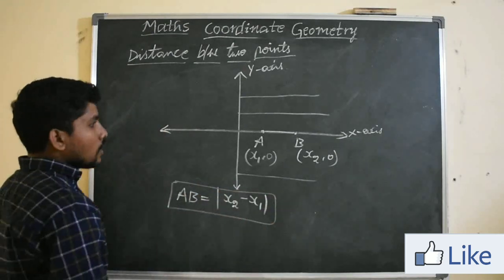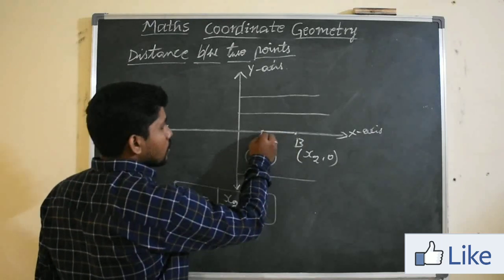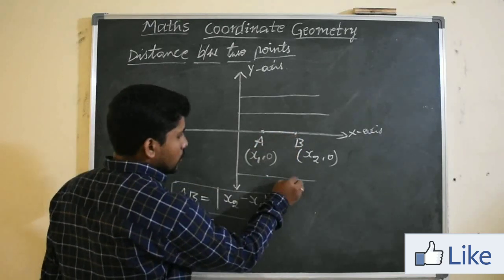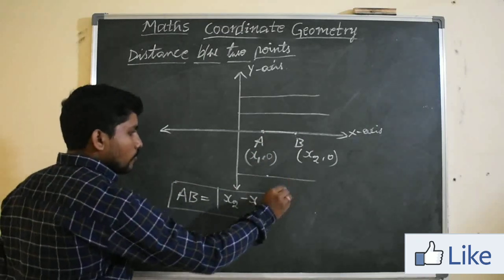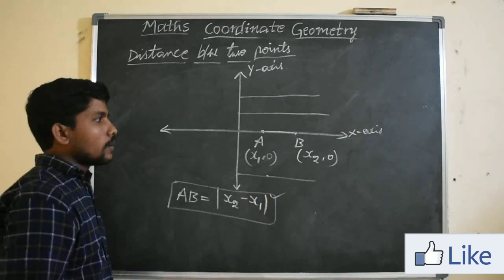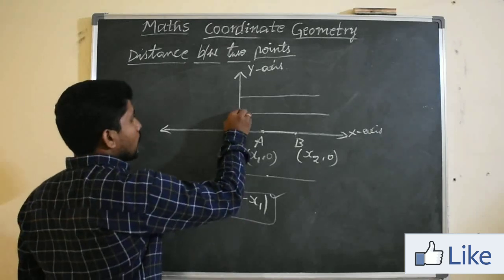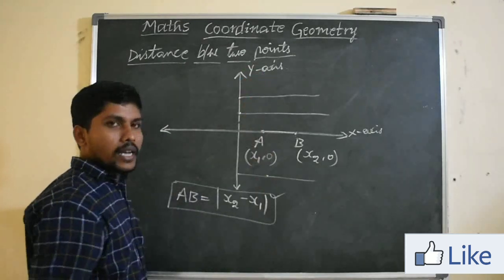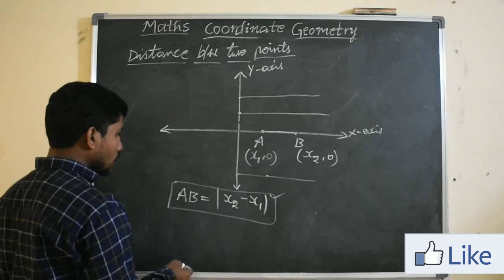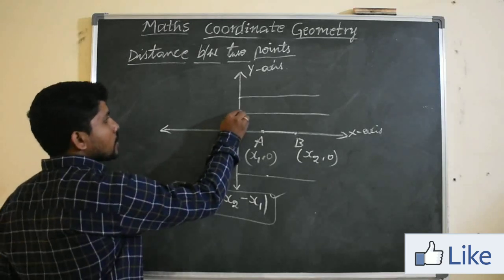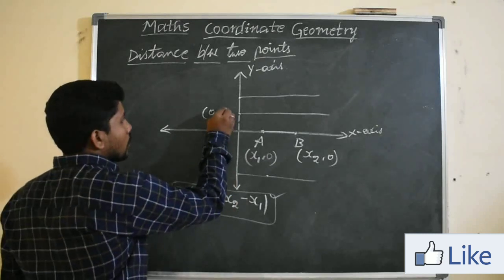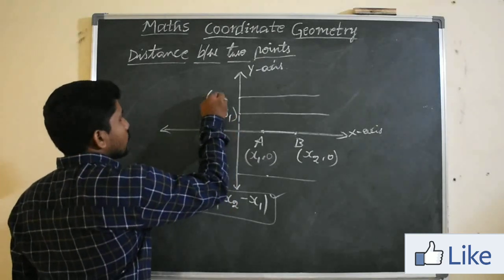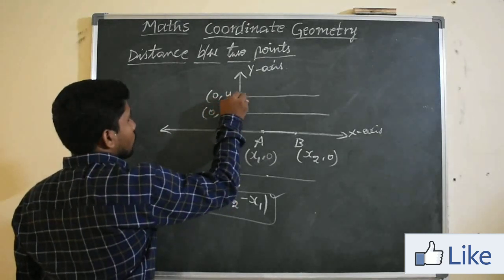Remember, not only on the x-axis, if these points lie on a line parallel to the x-axis, then also you will use the same formula. And if the points lie on the y-axis, the x coordinate will be 0, so 0 comma y1 and 0 comma y2.